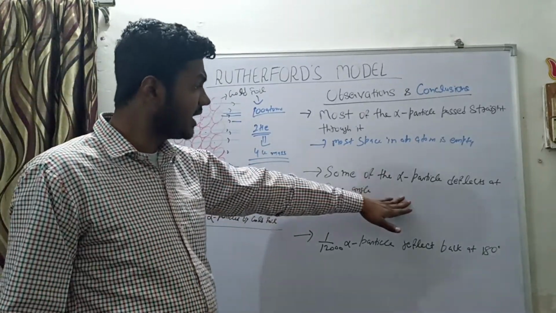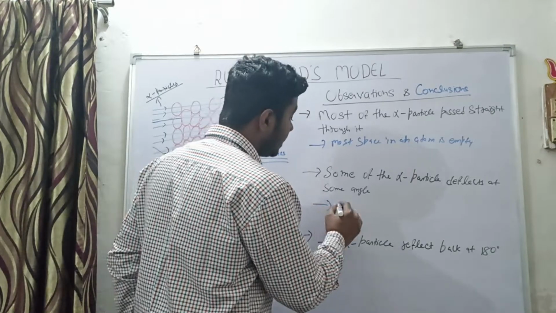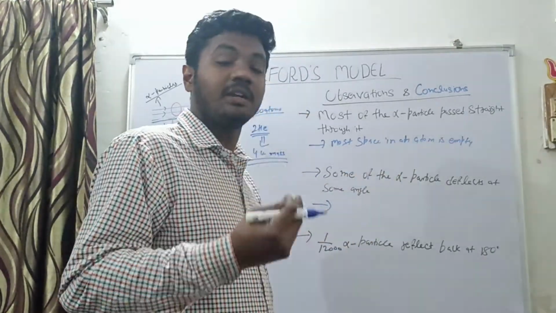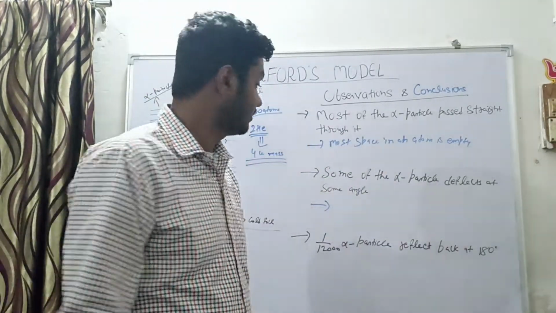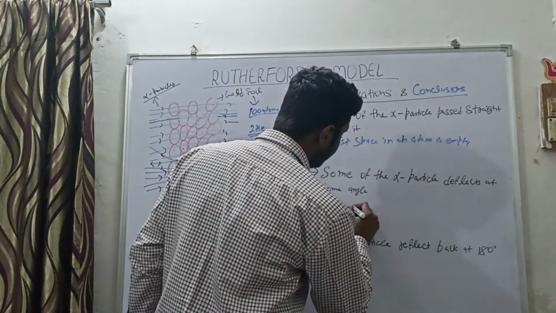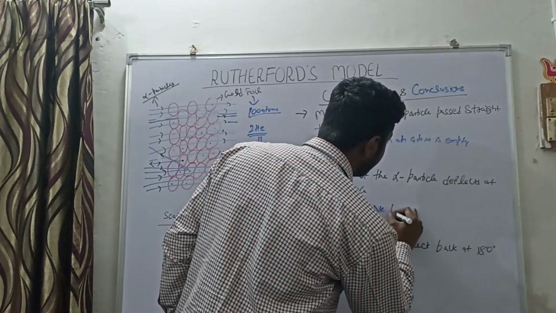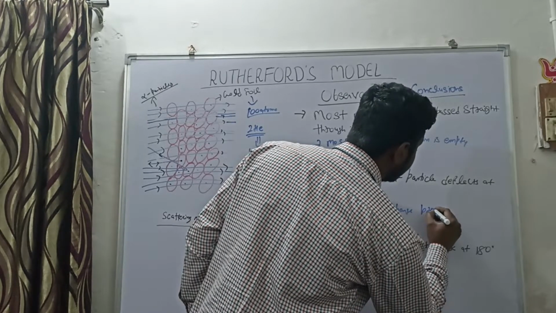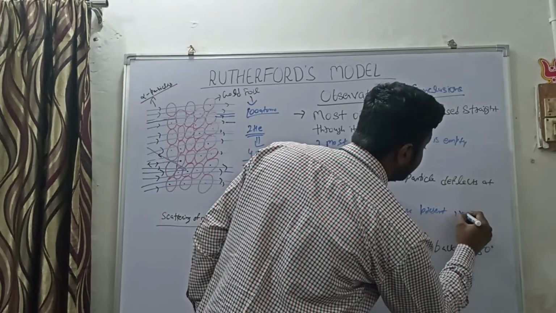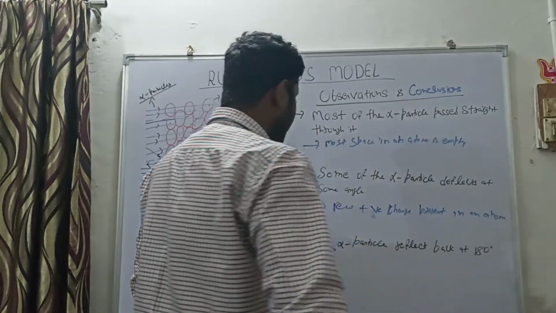So some of the alpha particles reflect at some angle, which concludes that there is a few positive charge present in an atom.